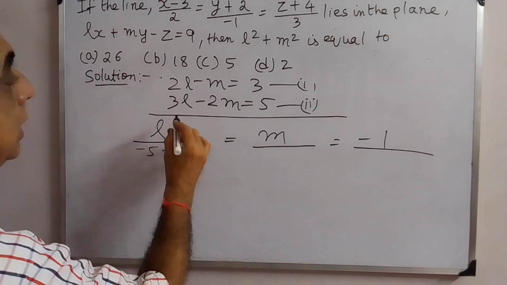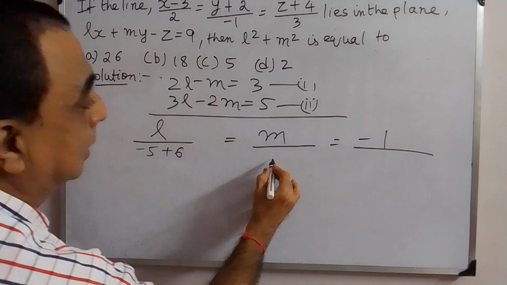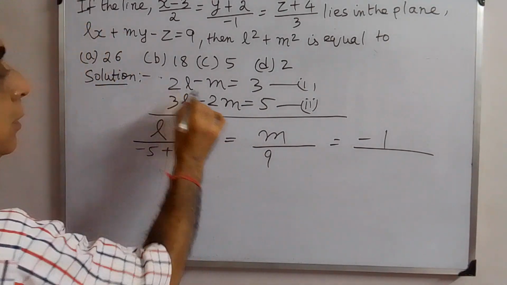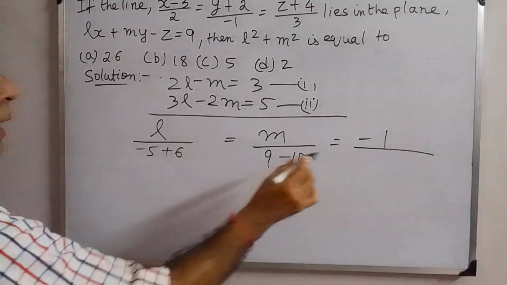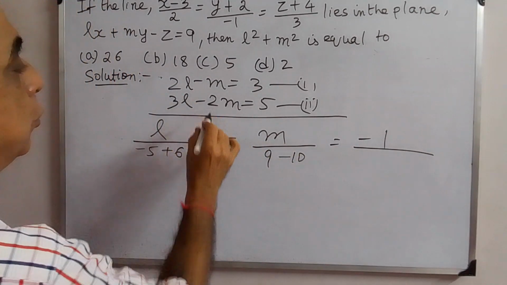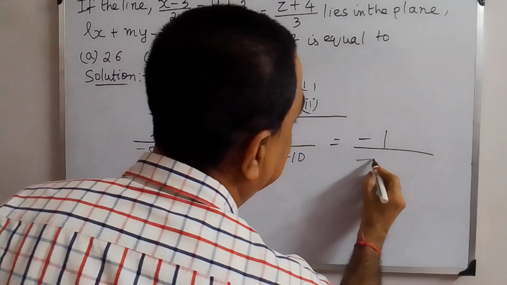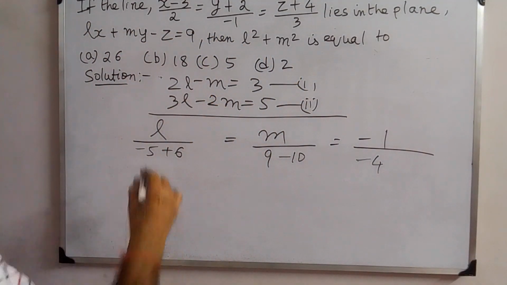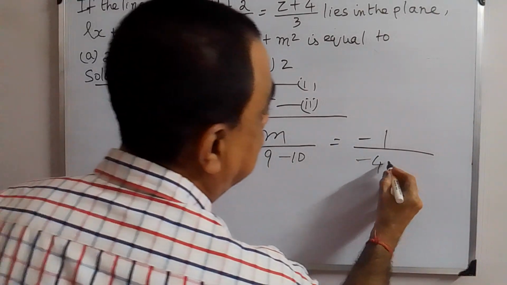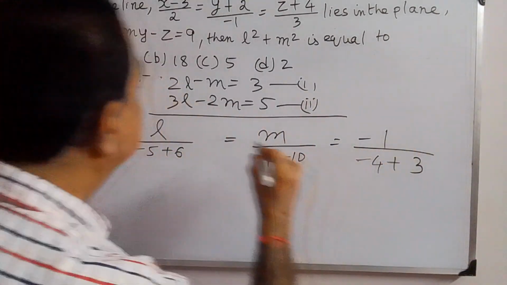The M denominator will be 3 into 3, 9, and 2 into 5, 10, change the sign, minus 10. And the minus 1 denominator: 2 into minus 2, minus 4, and 3 into minus 1, minus 3, change the sign, plus 3.